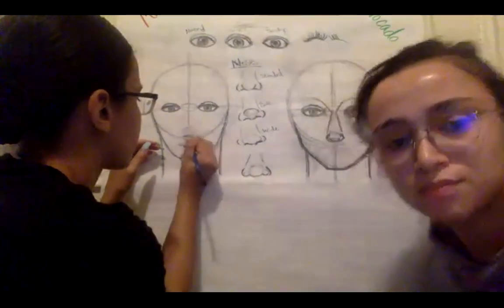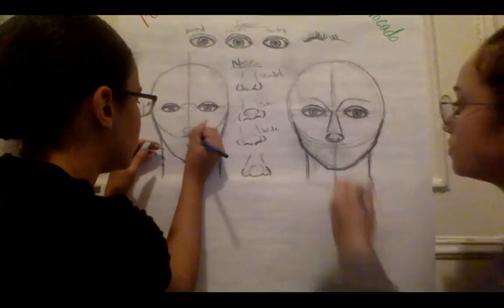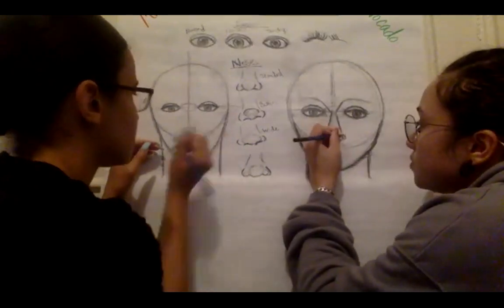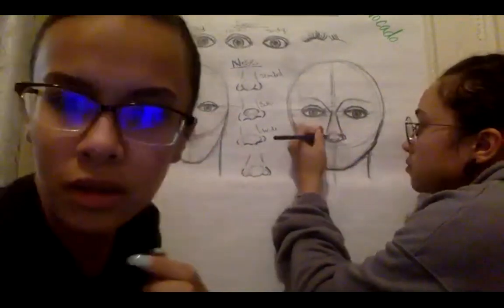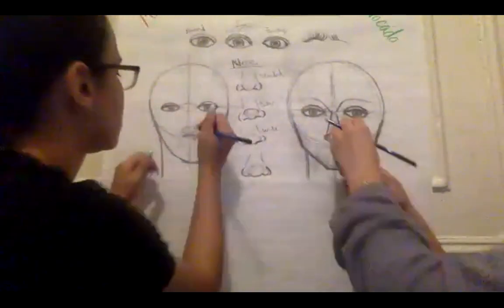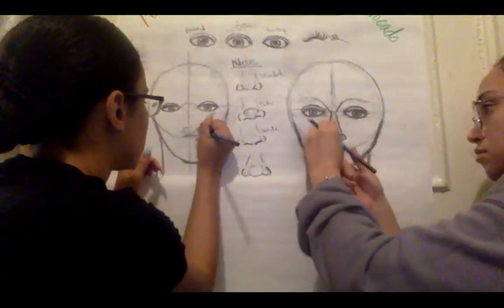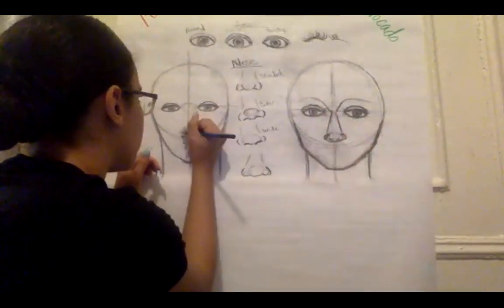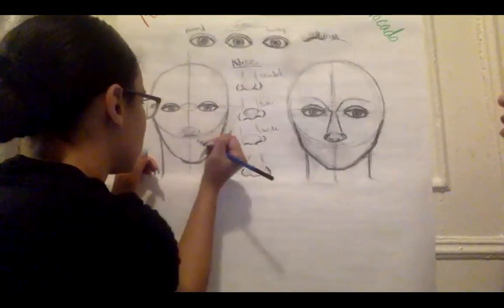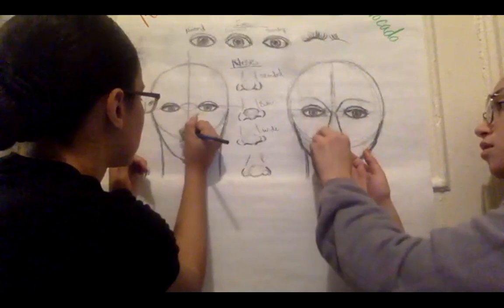And then I'm going to add my points. Looking at mine, they kind of come into where my oval is, and then a little further down. Right about here. And then right about here.